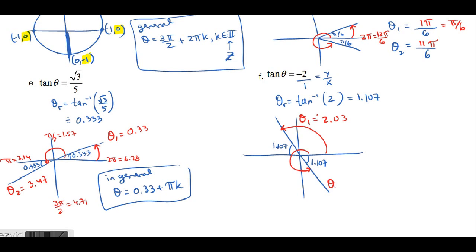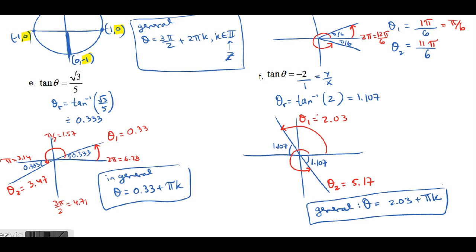So that would give us theta 2 close to 5.17. Okay. And then in general, the theta would be 2.03 plus pi k.